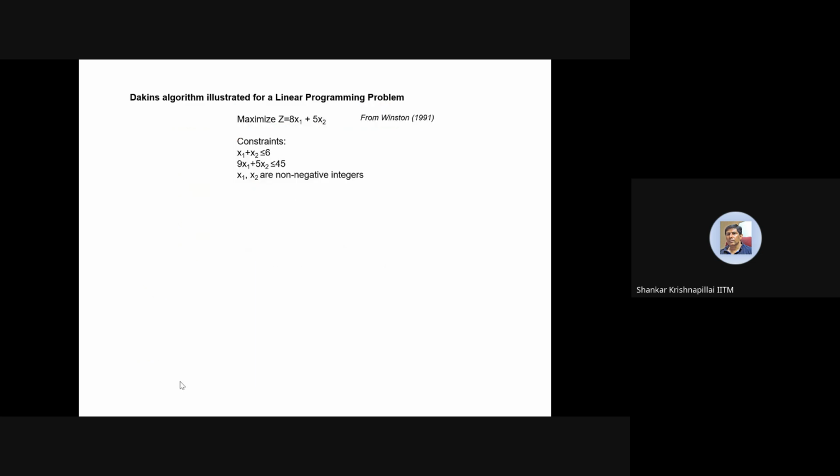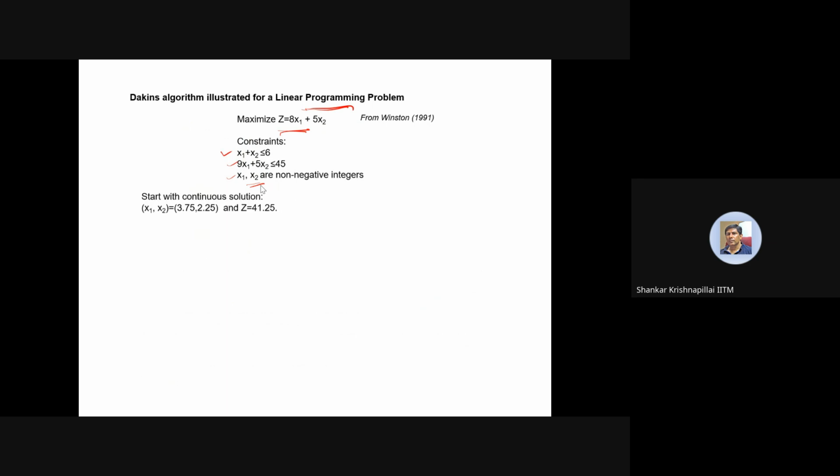Okay. Dakin's algorithm is illustrated for a linear programming problem. So maximize this objective function, Z equal to 8x1 plus 5x2. Okay. So various constraints are given. X1 and x2 are both non-negative integers. So how to solve this problem?